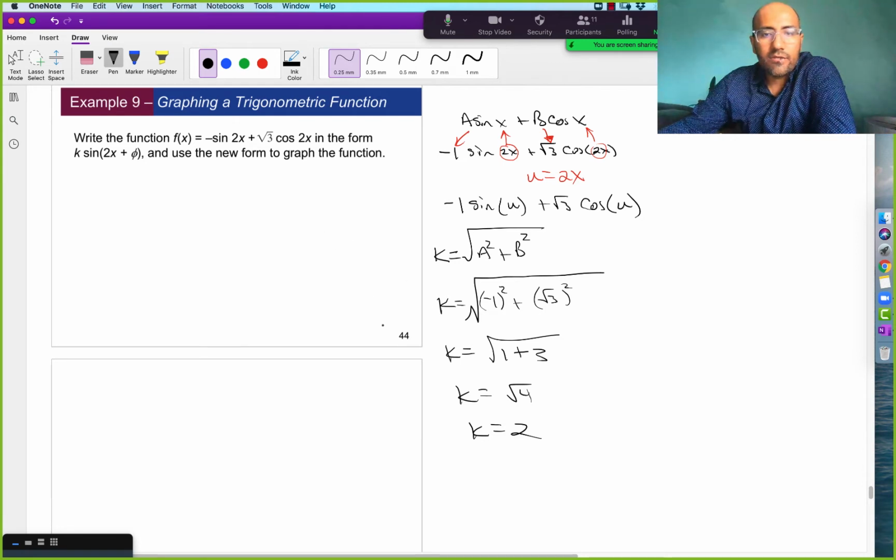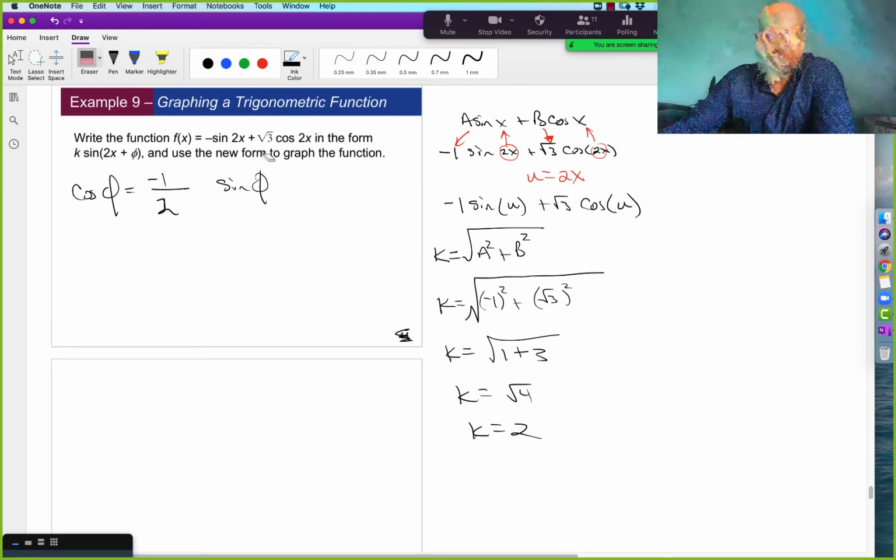So now we know that we have to find phi such that cosine of phi is equal to the a, which was -1, over the k, which is 2, and then such that sine of phi is equal to the root 3 over 2.